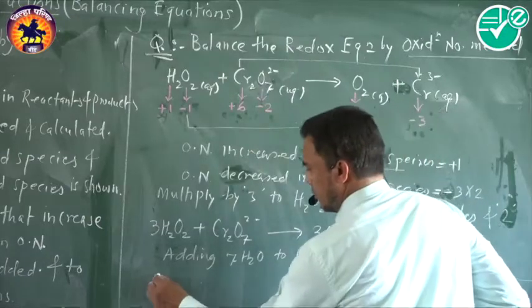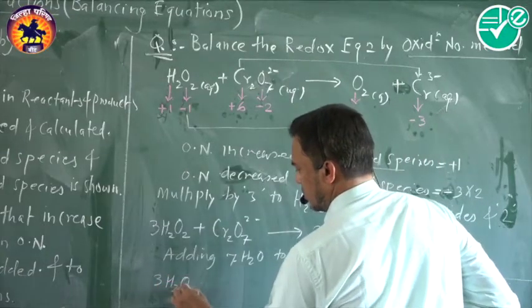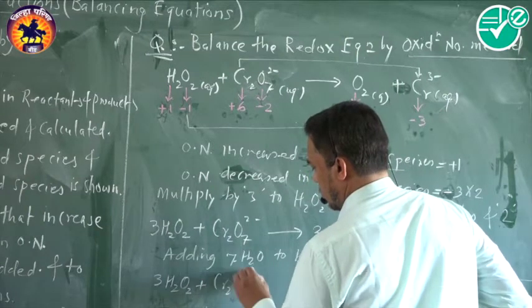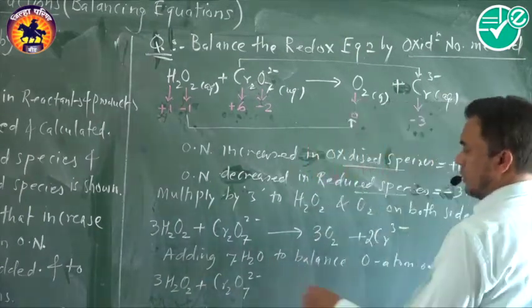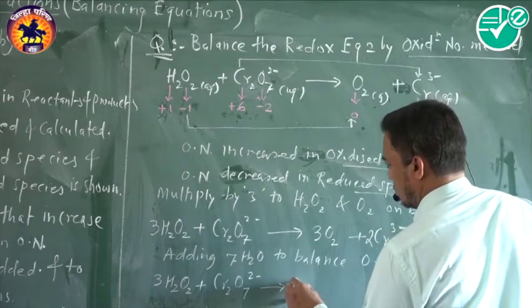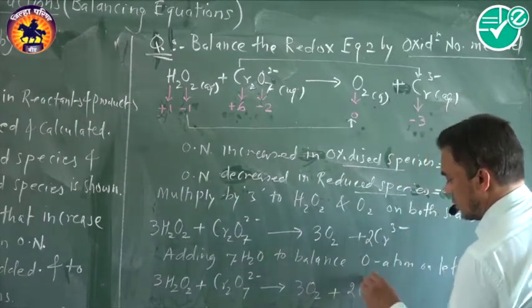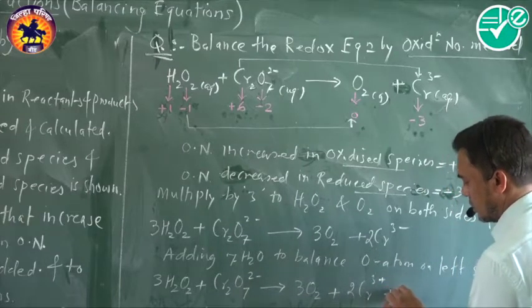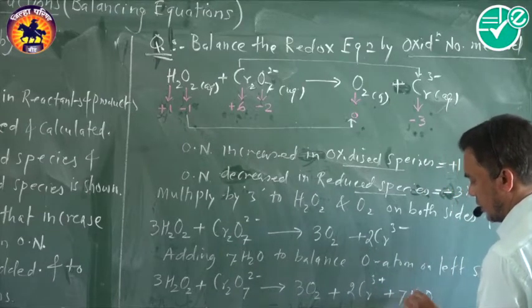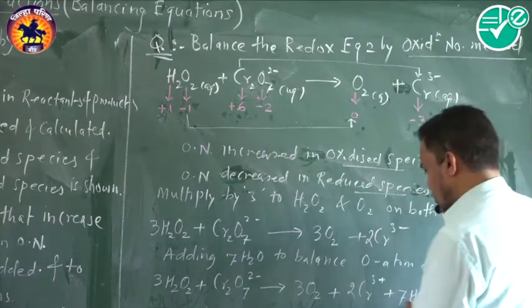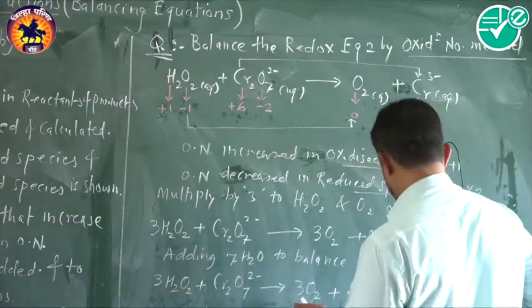Therefore the equation becomes 3H2O2 plus Cr2O7 2 minus is equal to 3O2 plus 2Cr3 plus plus 7H2O. Now look, the oxygen is balanced, is it?